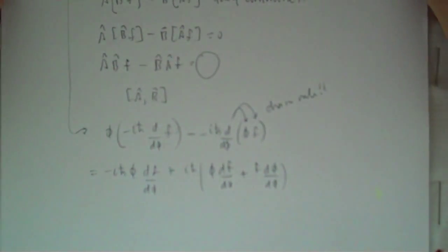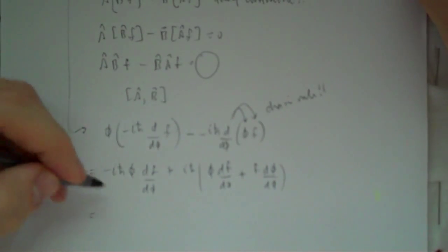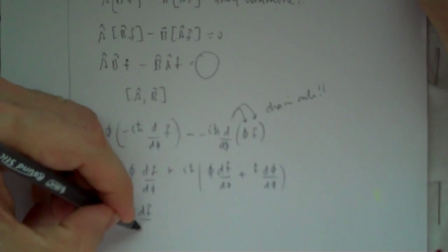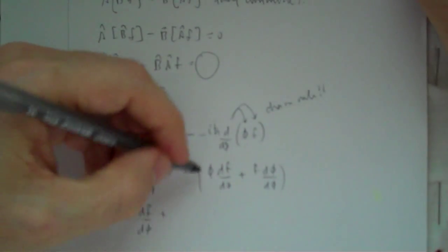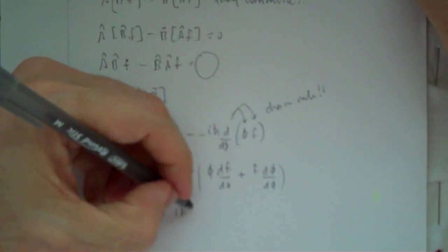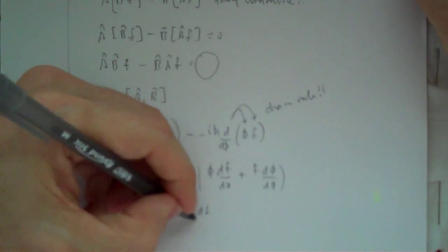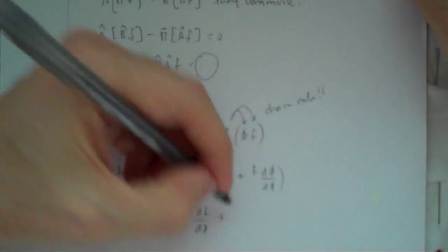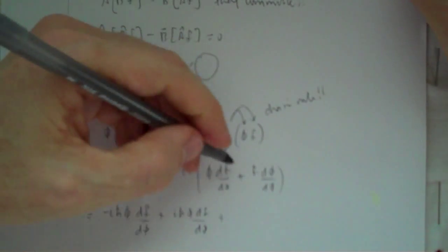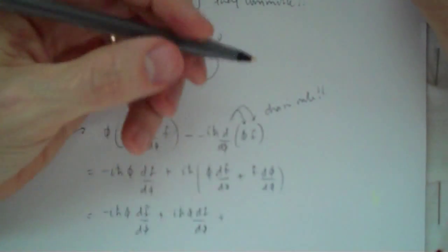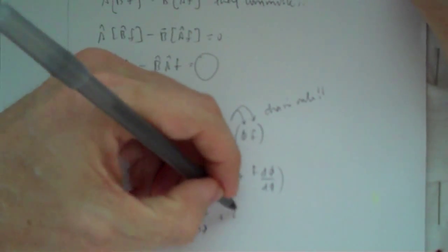So this is equal to minus i h bar phi df d phi plus i h bar phi df d phi. These two terms are going to cancel, you can see that. And the derivative of phi with respect to phi is just 1.